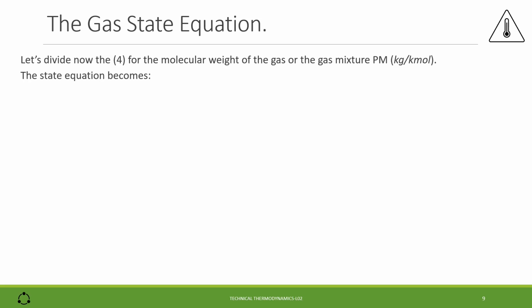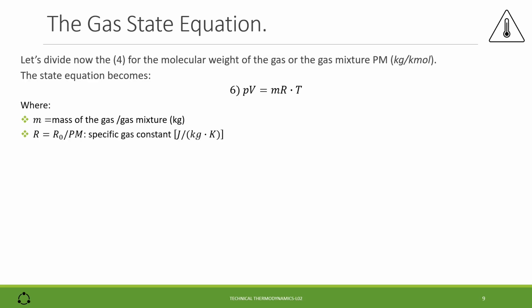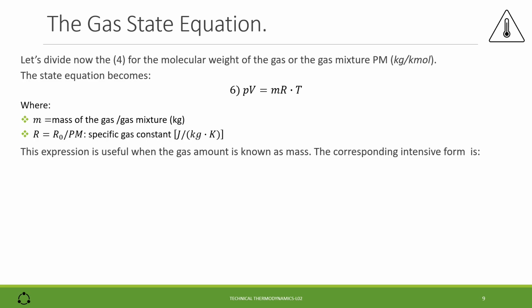The state equation becomes PV equals mRT, where m is the mass of the gas or the gas mixture in kilogram, R is R0 over Pm, that is the specific gas constant expressed in joule over kilogram into Kelvin, and this expression is very useful if the gas amount is known as mass. The corresponding intensive form is Pv equals RT, where v is the specific volume in cubic meter over kilogram.